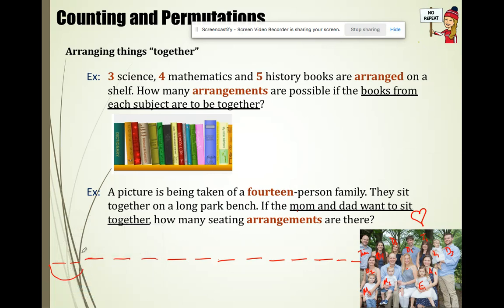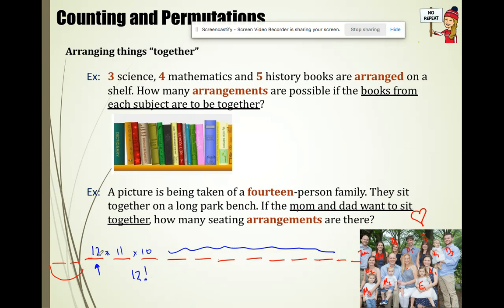So if that's one choice, how many do I have left? In this slot can go how many of the people, not mom and dad? Mom and dad are taken care of. I'm going to put them over here. How many people are here? Good. So I think you can see that that's 12 times 11 times, right? I can write that much easier as 12 factorial.